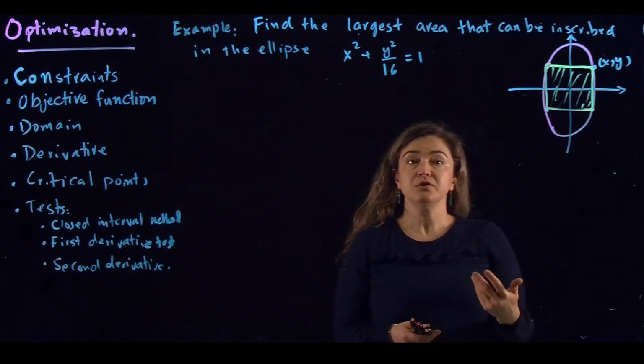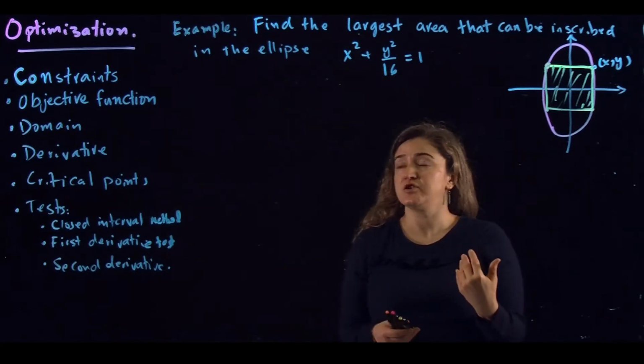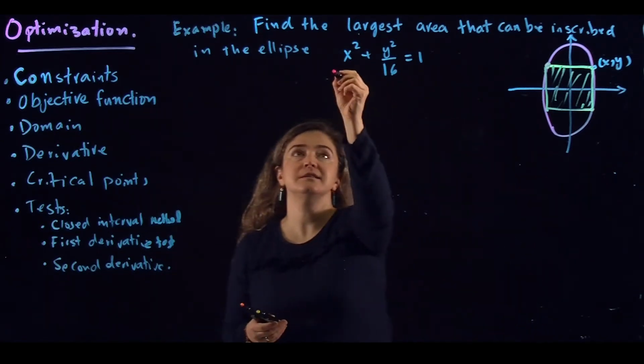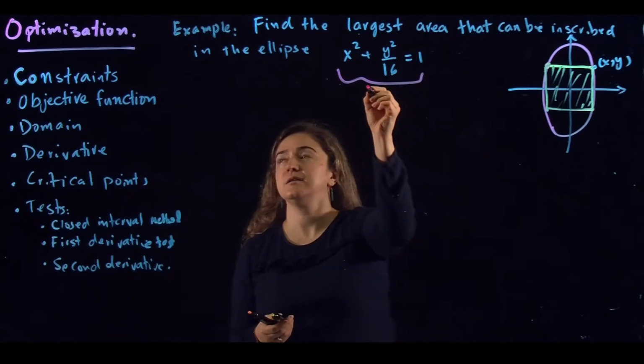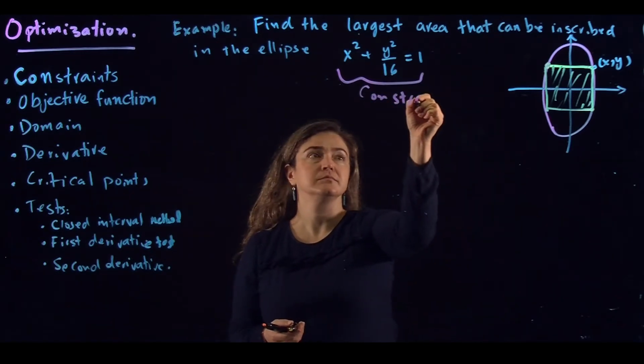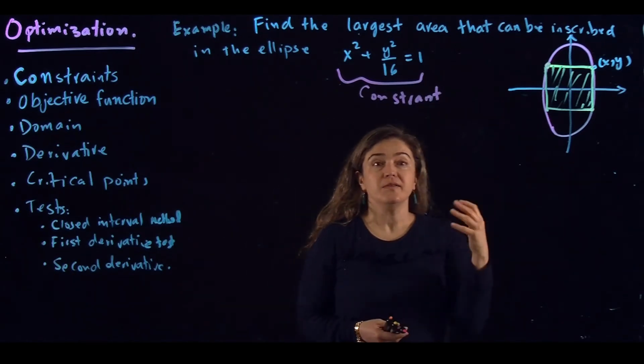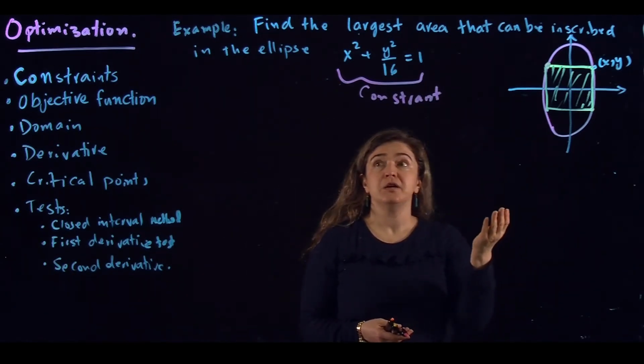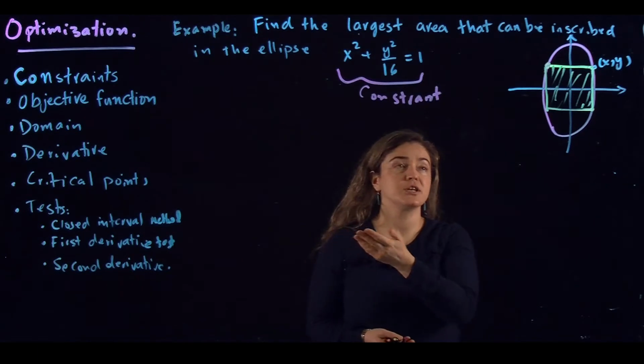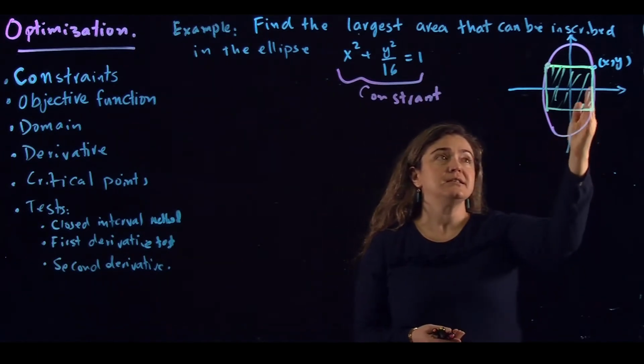So the first thing to notice is the constraint. The constraint is the equation of the ellipse. The next thing is to figure out the objective function. The objective function is the area.